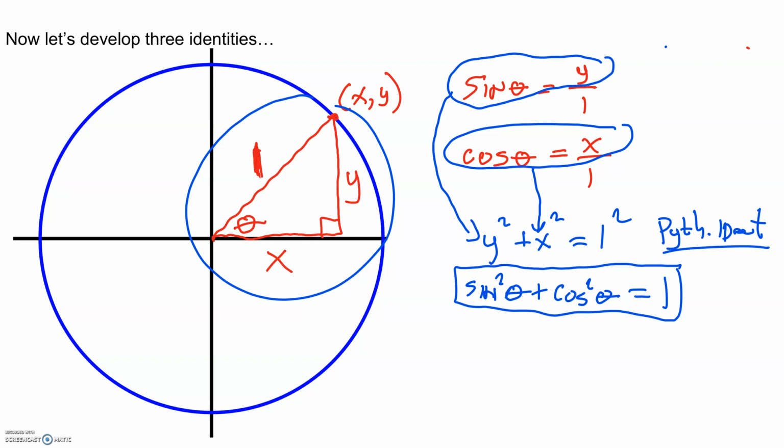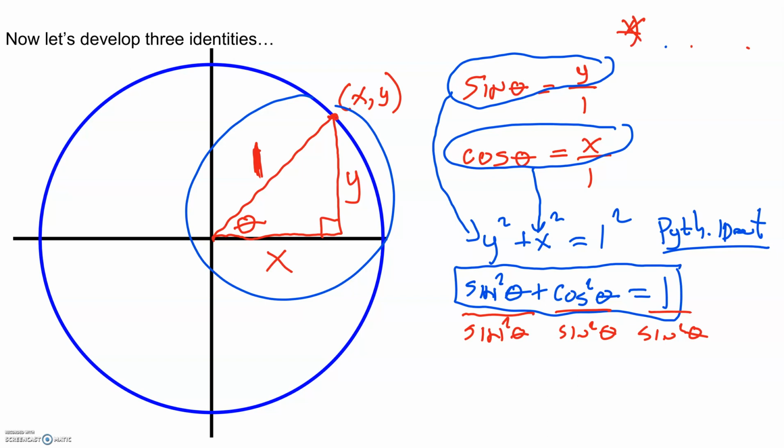So what I could do is take what I just did here, and I could divide everything by sine squared. And if I do that, I would have, I'm going to put it up here in the corner.